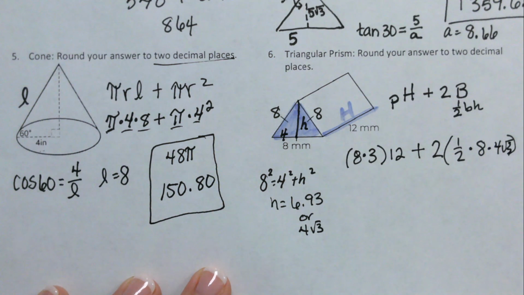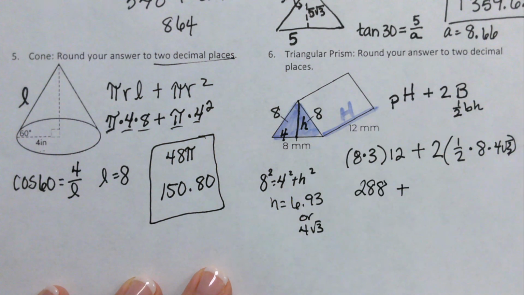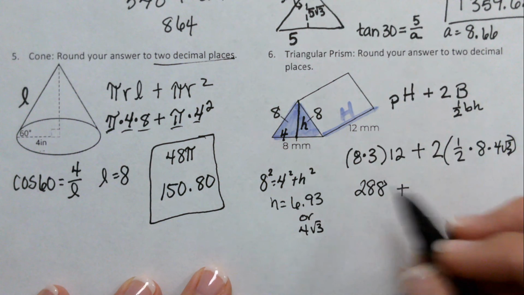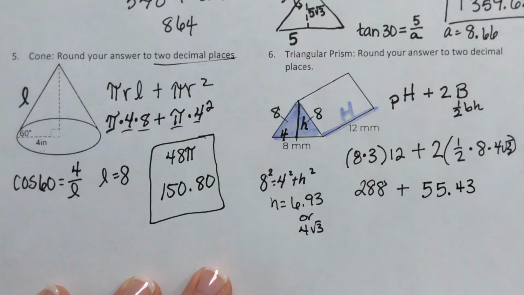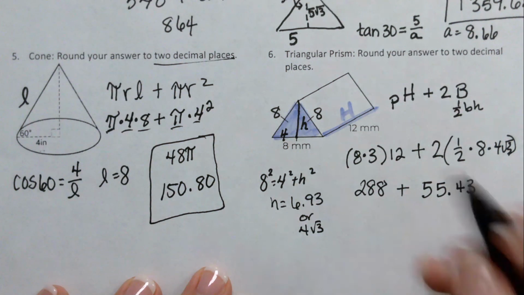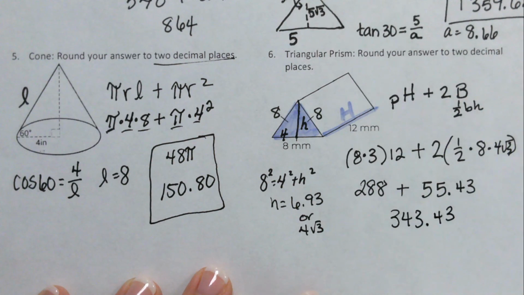So 8 times 3 times 12 is 288. Plus, I'm going to go ahead and put the 2 and the 1/2 in there. 55.43. Add that to the 288. And our final answer, 343.43.